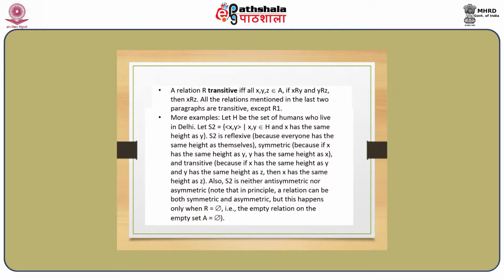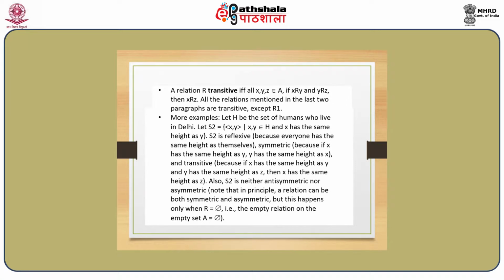A relation R is said to be transitive if and only if for all x, y, and z, if xRy and yRz, then xRz. All the relations mentioned in the last two paragraphs are transitive with the exception of R1.